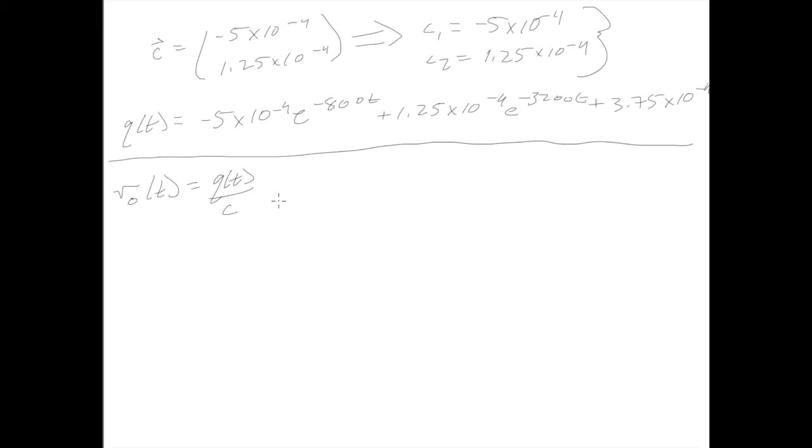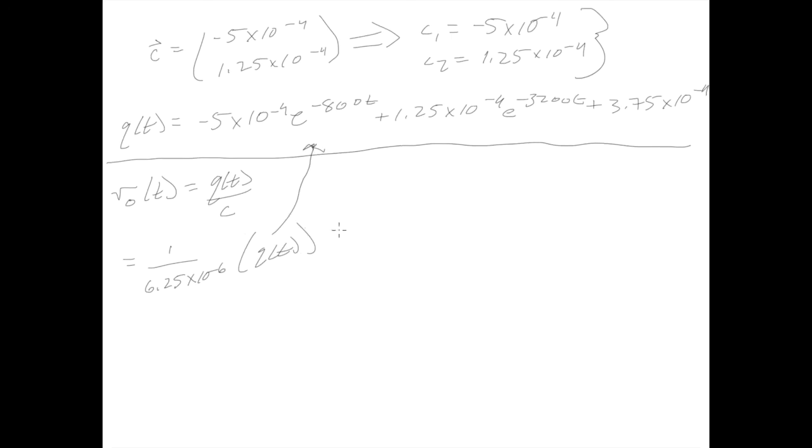So we have Q of t, and we know what the capacitance is, and we can make a substitution here. So 1 over the capacitance is 1 over, from the very original slide, 6.25 times 10 to the negative 6, times our entire Q of t equation above.